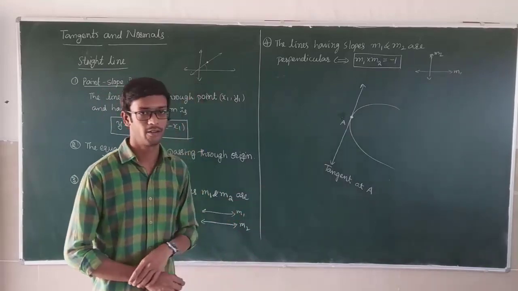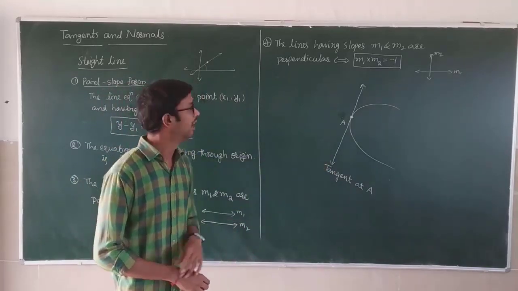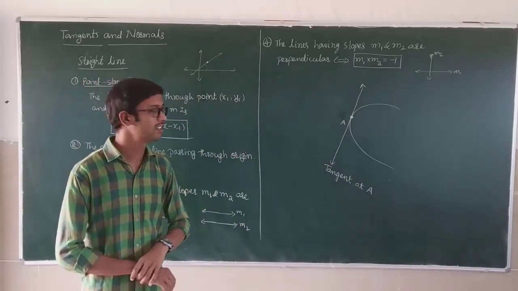This is the tangent at the point A. Next, our concept, normals. What is a normal?